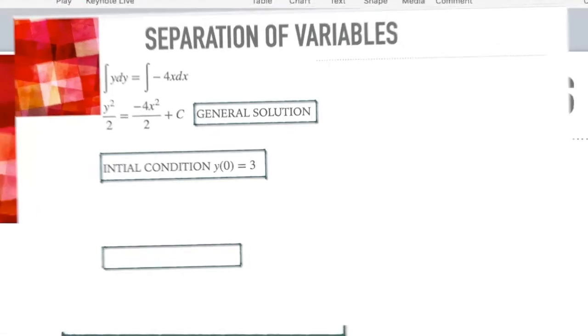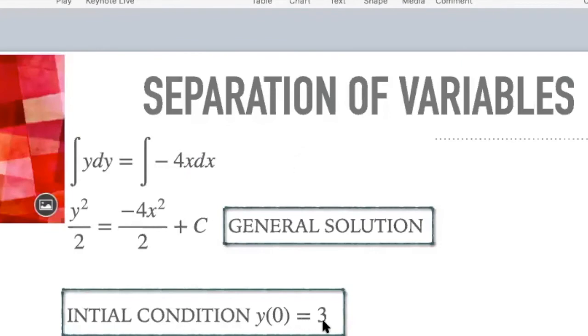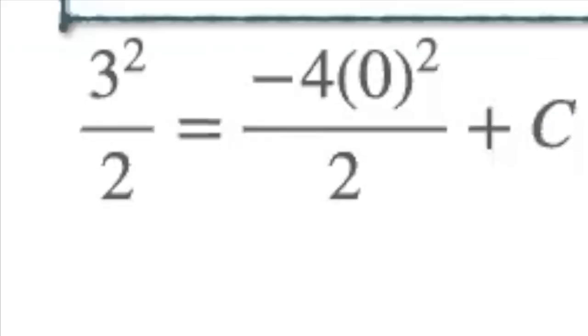What about if we get the initial condition? So we're given the initial condition, and once we're given that, it's called the particular solution. We'll be replacing x to be 0 and y to be 3. We'll have y to be 3 squared over 2 and x to be 0 squared times negative 4 over 2. Now, 0 in the numerator means that the entire value for this will be 0, so that will be gone.